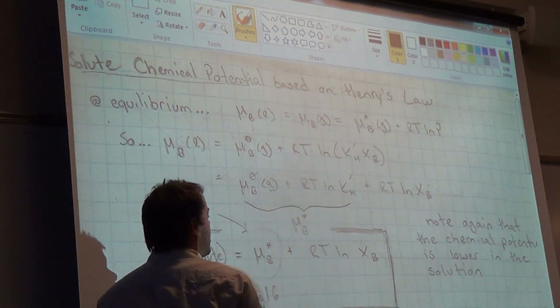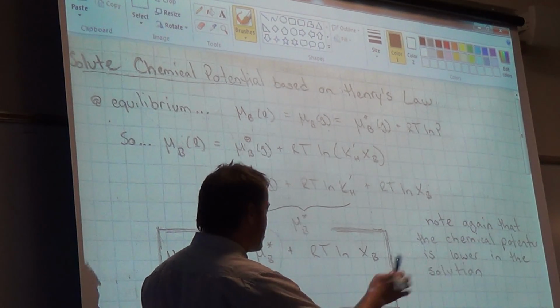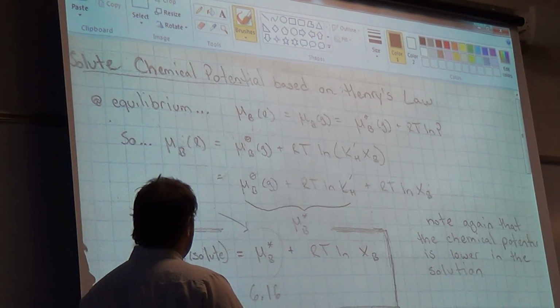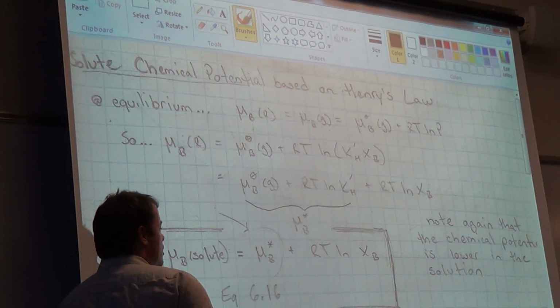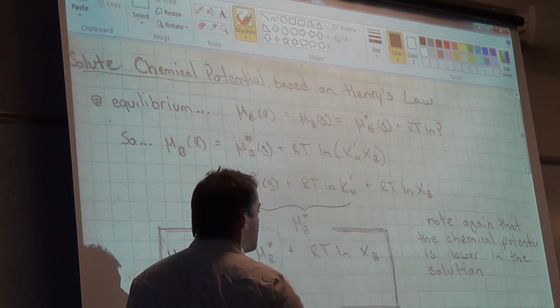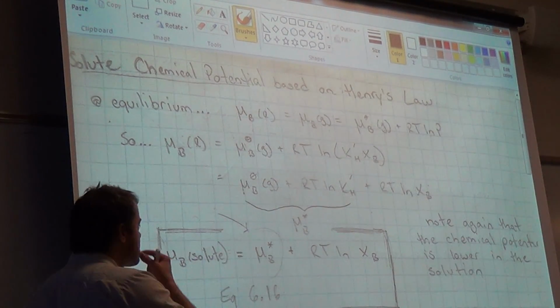Group these two terms together into a mu that talks about the chemical potential of that thing when it's acting as a solute molecule, and we get that the mu of the solute is mu naught plus RT times the natural log of the mole fraction. This is equation 6.16.